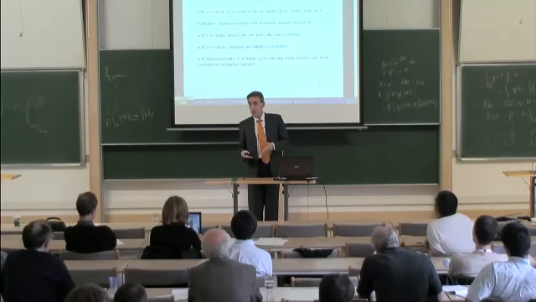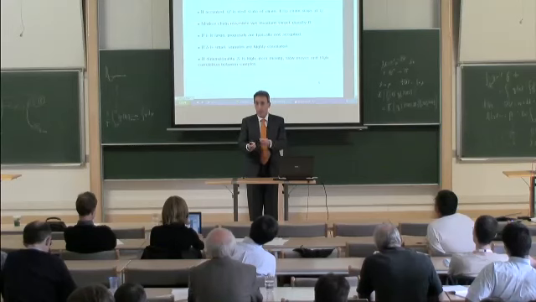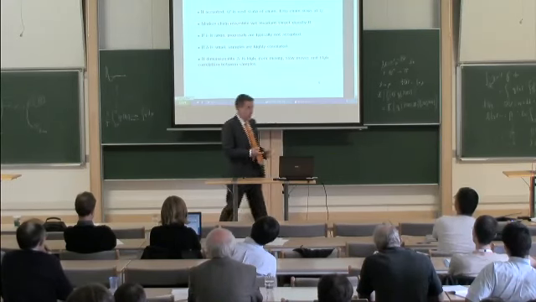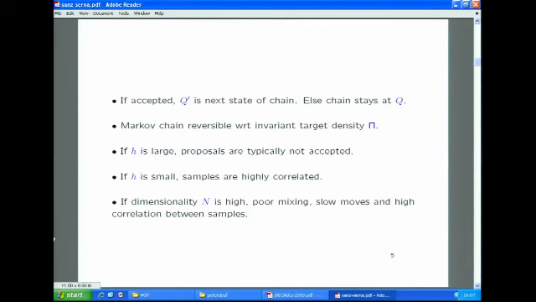But if I move to a point with a smaller probability, then in some cases, by flipping a coin, I accept the move, and in some cases, I will reject. And the magic of this technique is that by doing so, the vectors that I generate are in fact distributed according to my target distribution pi.